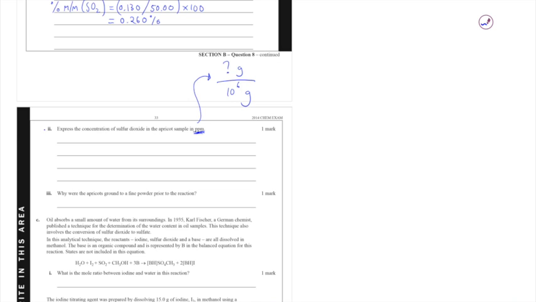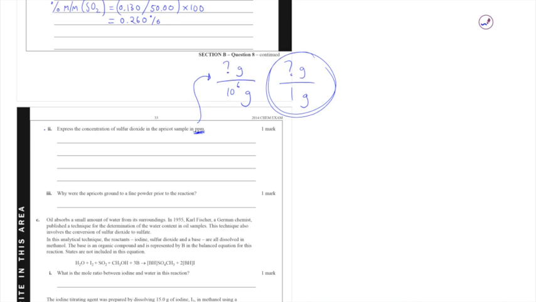I find it simpler to look at this perspective. Ultimately, it's a ratio. And I find the easiest way of working out this question is to work out how many grams are in 1 gram, and then simply multiply that value by 10 to the 6.